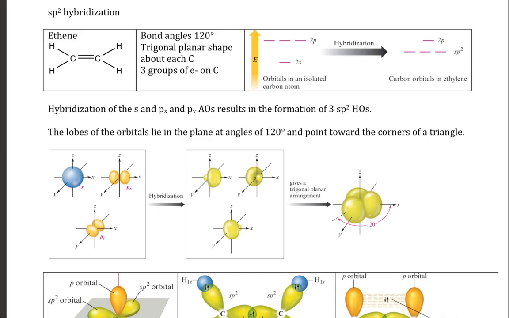Now, because we have only 3 groups of electrons on the carbon, we only need 3 hybrid orbitals. So we imagine taking the s and 2 of the p atomic orbitals to give us 3 sp2 hybrid orbitals. The 2p atomic orbital that was not affected is still there, it's still at the same energy value.